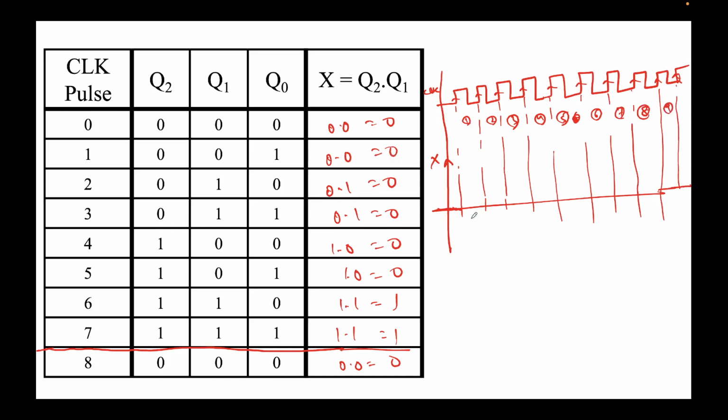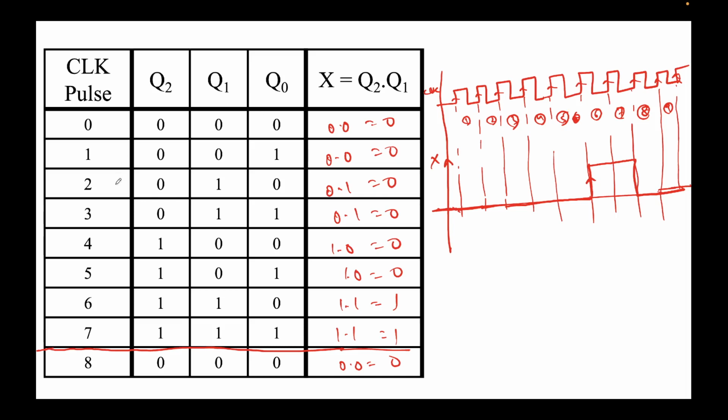So at first it's 0, second is also 0, it's 0 until the 6th clock, 3, 4, 5, at the 6th it rises. For 2 clocks it remains high, and then it falls, right?